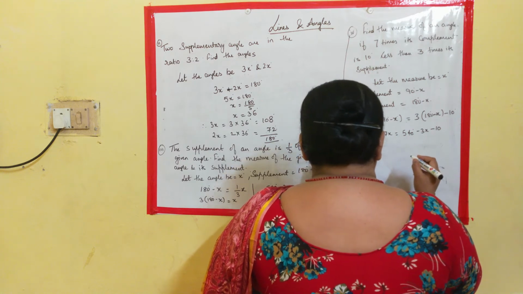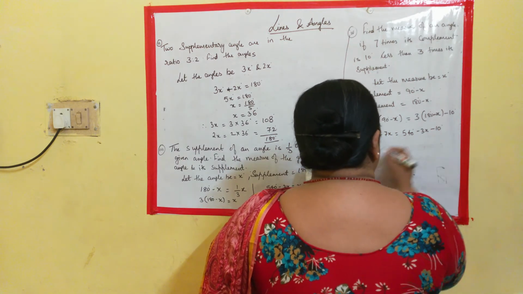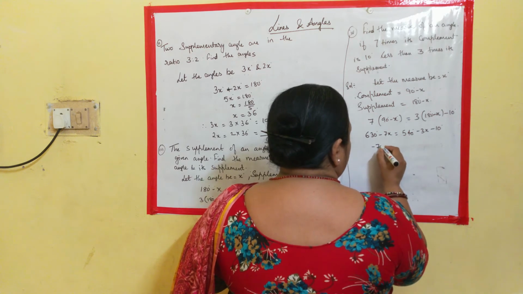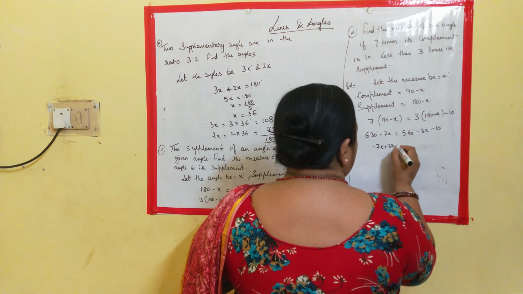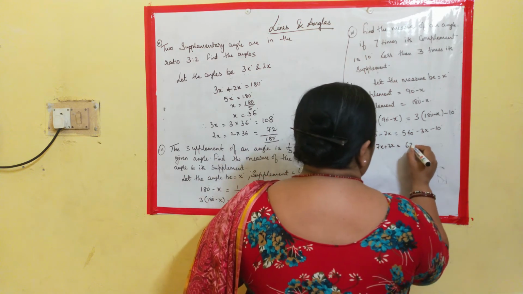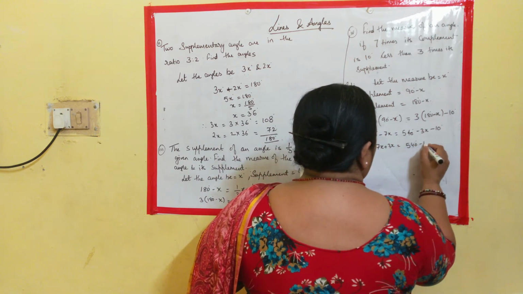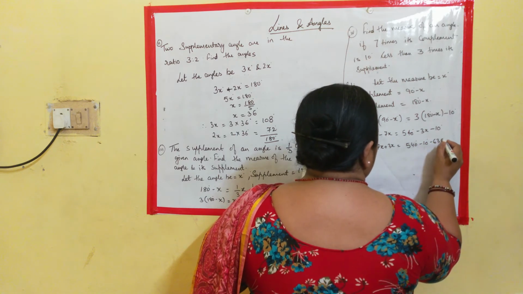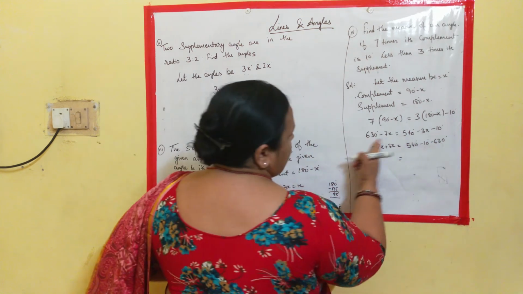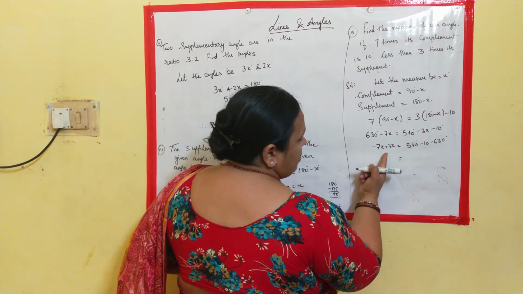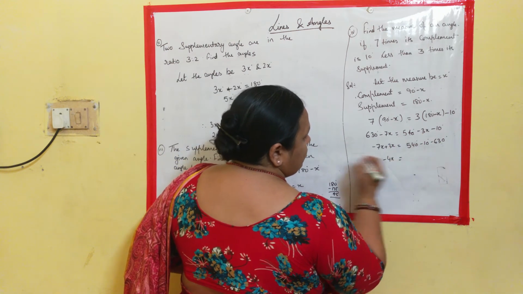Clear? So altogether arranging them, minus 7x plus 3x is equal to 540 degree minus 10 degree minus 630 degree. This plus goes that side, minus will be as it is. 3x coming this side as 4x. So this becomes minus 4x.